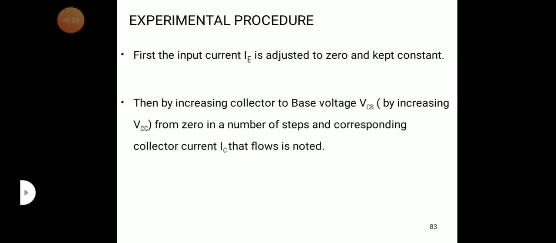So once again, what we are doing is, first the input current IE is adjusted to 0 and kept constant. Then the collector to base voltage VCB is increased from 0 in a number of steps, and the corresponding collector current IC is noted.